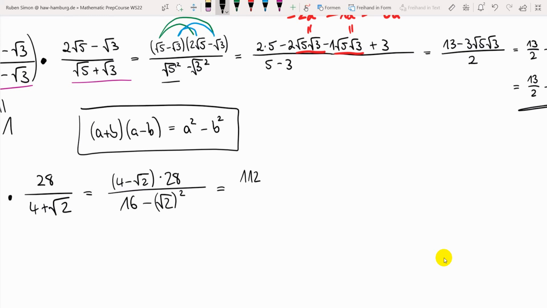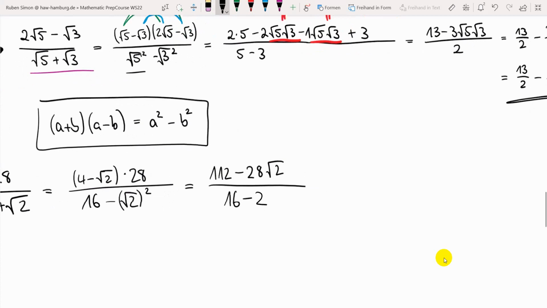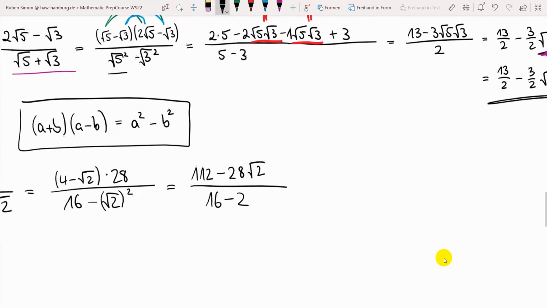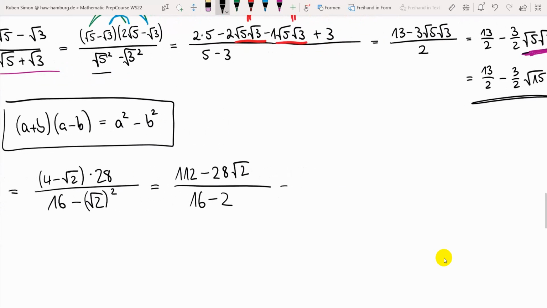Minus 28 times square root of 2. And in the denominator, we'll go with 16 minus, and root and square cancel each other, and we are left with 2. And at the end, of course, 16 minus 2 is 14.